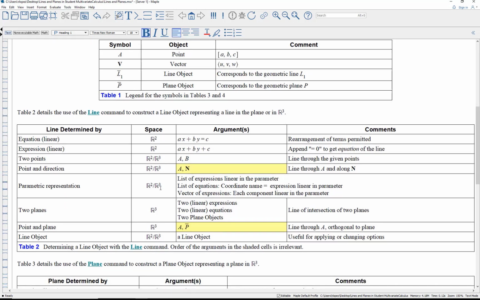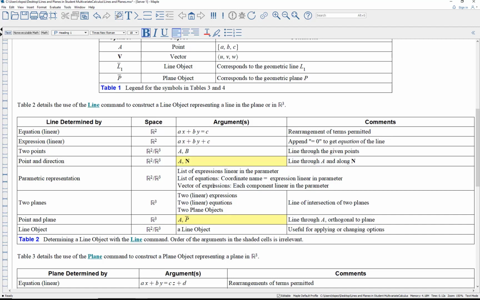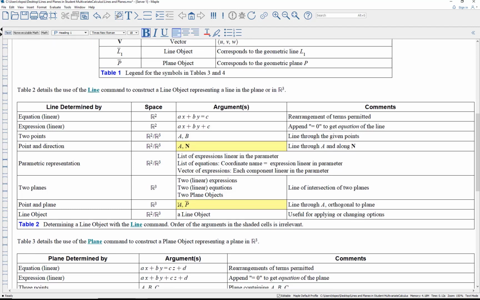In 2 space or 3 space, parametric equations, or a vector of expressions, each component of which is linear in the parameter, will determine a line. 2 planes determine a line in space if they intersect.